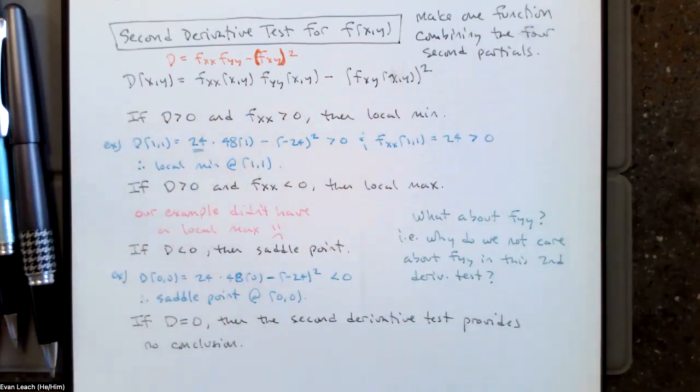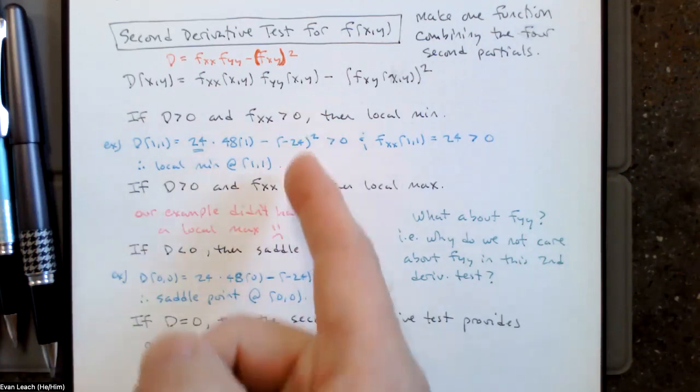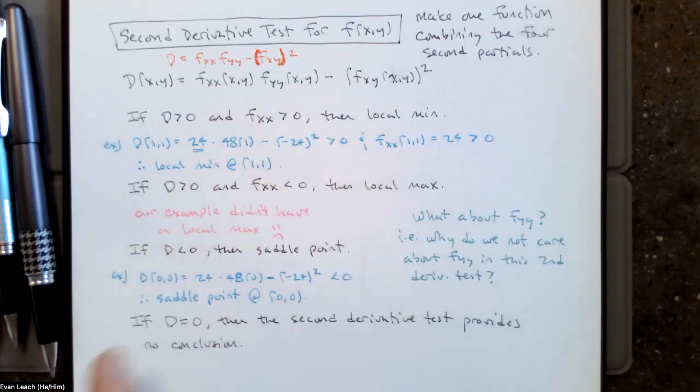When the combined function is negative, I don't worry about the individual second partials. We just say saddle points. And so the question that I have now is, why does fyy not show up except in the combined function? Why do we make this decision based on fxx and not fyy?